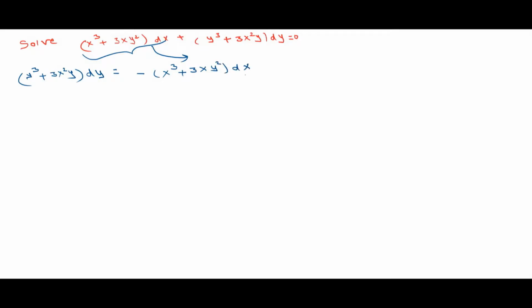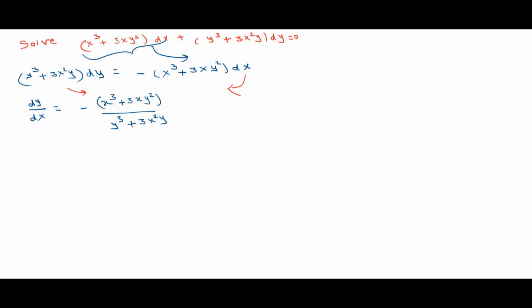Now transpose this dx to the left hand side and this y cube plus 3x square y to the right hand side, so that we get dy divided by dx is equal to minus x cube plus 3x y square bracket complete divided by y cube plus 3x square y.